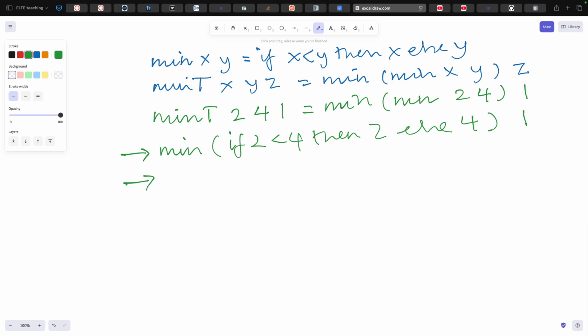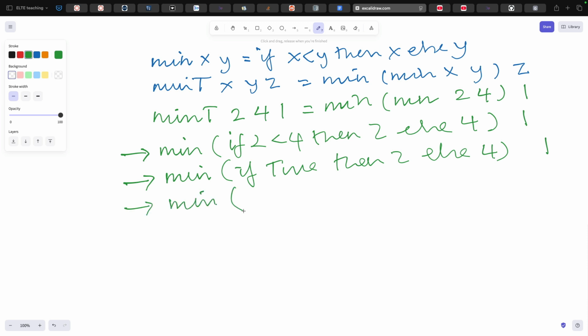And then we can work out the value of 2 less than 4. So that's if true, then 2, else 4. And the second argument to min is 1. And remember that if true, then 2, else 4 is simply 2. So now we're reduced to evaluating min of 2 and 1.